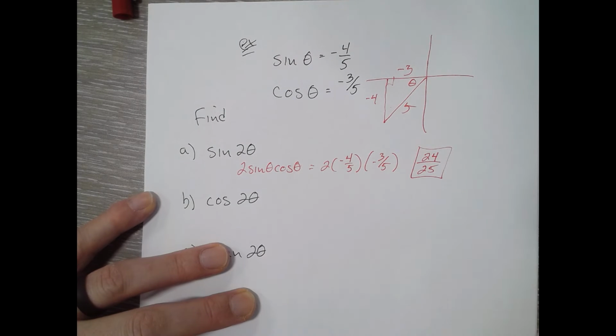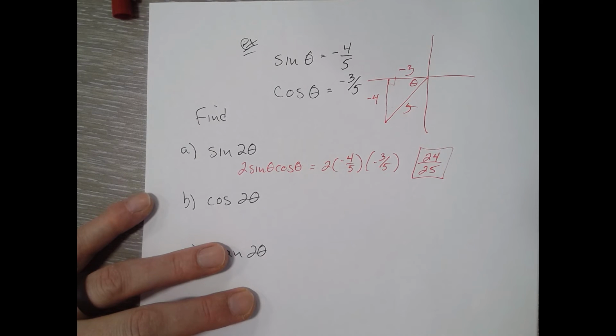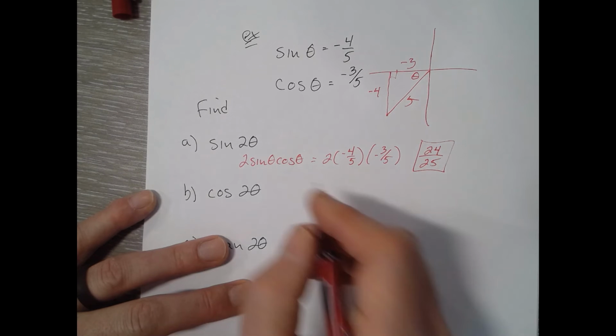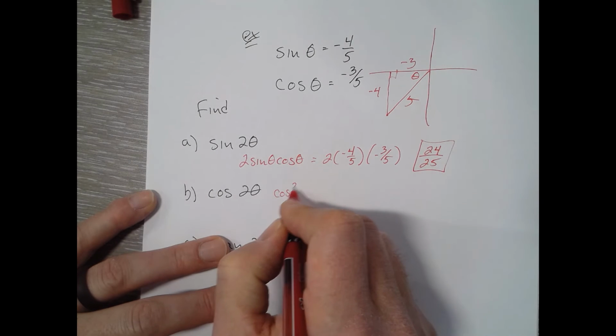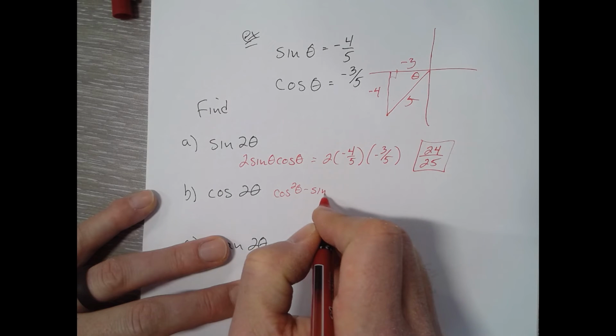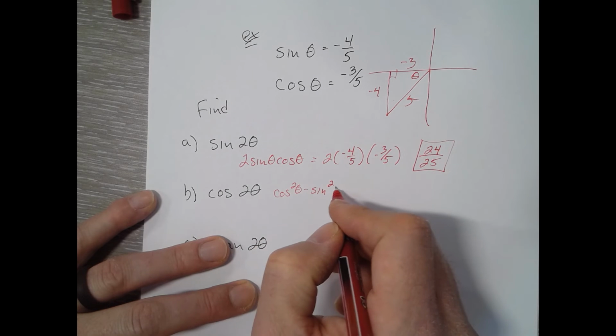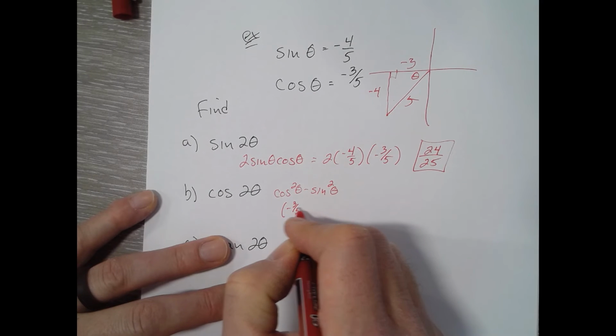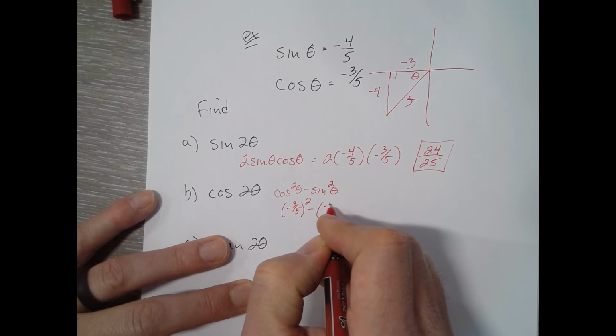How many got that? Alright, a handful of people. Cosine of 2 theta, we've got 3 choices. I'll just do cosine squared theta minus sine squared theta. So cosine theta is negative 3/5 squared minus negative 4/5 squared.